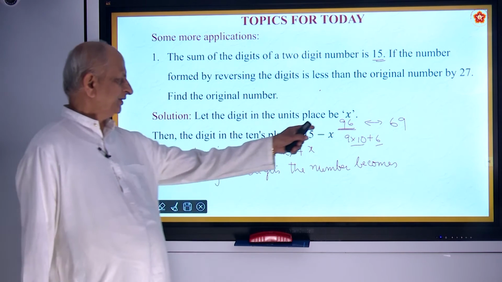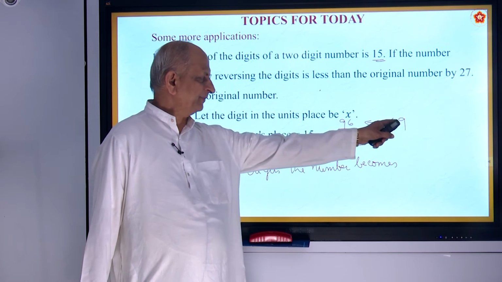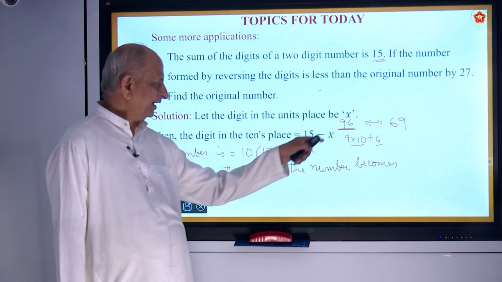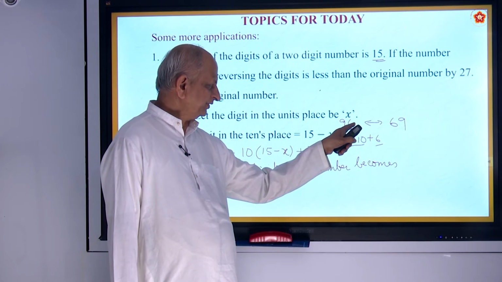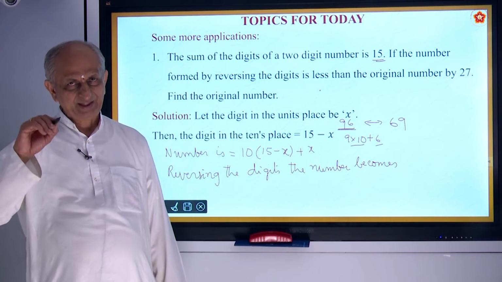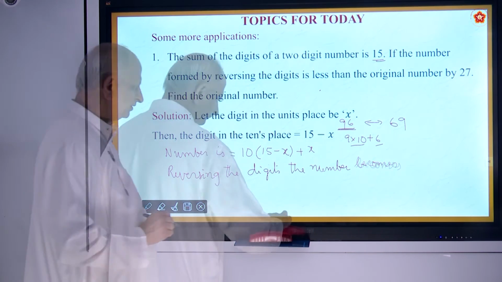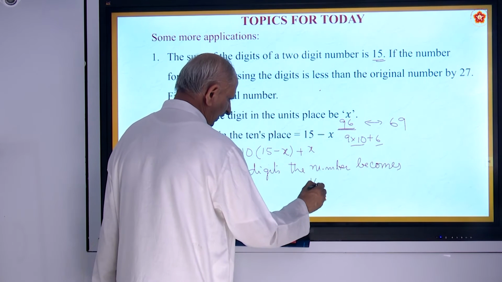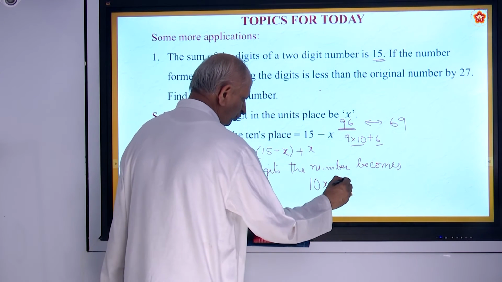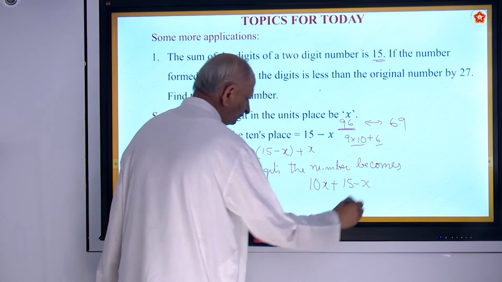Reversing means what? 96, if it is reversed, it becomes 69. What happens? That number, digit which was in the units place will come to 10 place. That which was in 10 place will go to units place. So, you have 10x plus, this was in the 10th place, will go to 15 minus x.